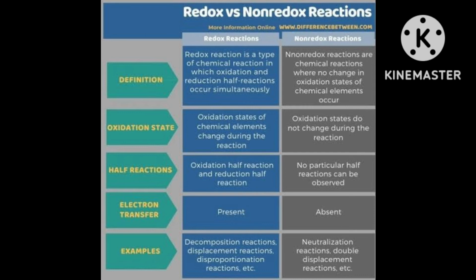One minute. Copper is 2 and oxygen is in SO4, no? Then 4 times minus 2 is minus 8, and copper is plus 2. CuSO4, okay, copper plus 2 and oxygen minus 2.